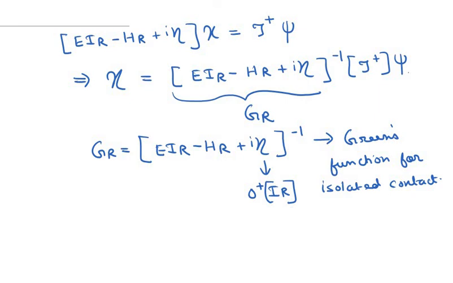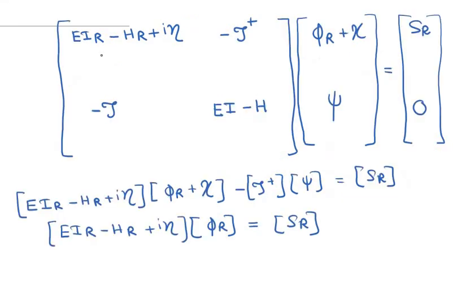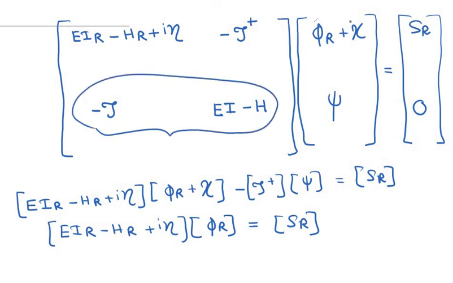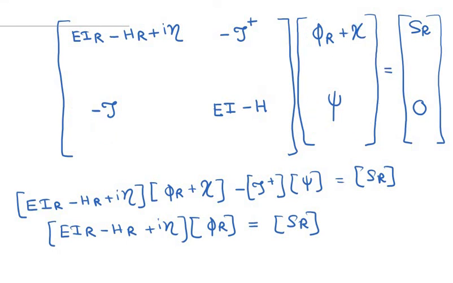Okay, now let us go to this second equation. So this second equation that we get by multiplying this second row with this column vector over here. So this is equal to [EI minus H] psi equal to tau psi r plus x.